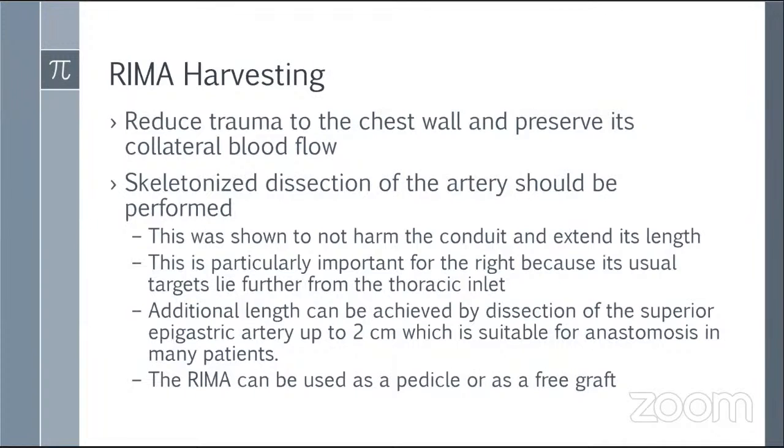This was shown not to harm the conduit and to extend its length. It's particularly important on the right because the usual target lies further from the thoracic element. If these targets were on the left side, they would be a little bit closer, so we'll need that length. As I said, the additional length can be achieved with skeletonization.